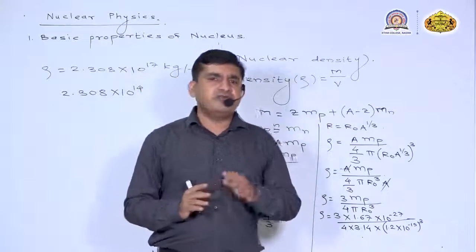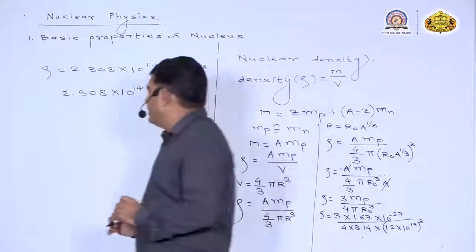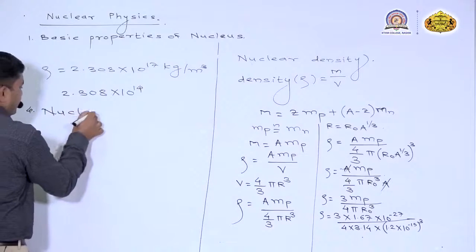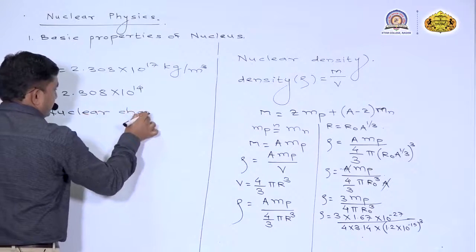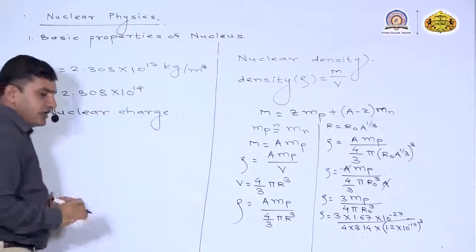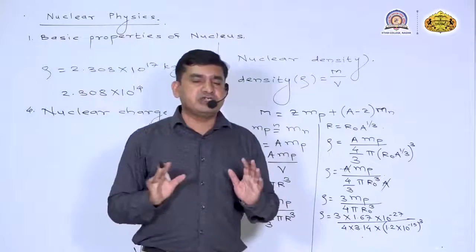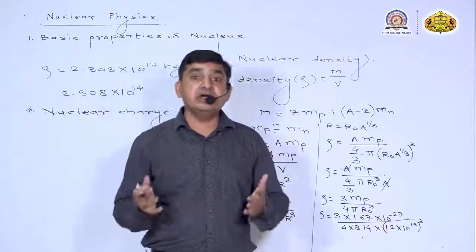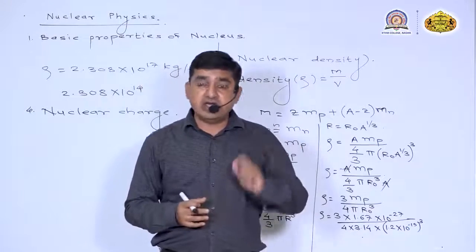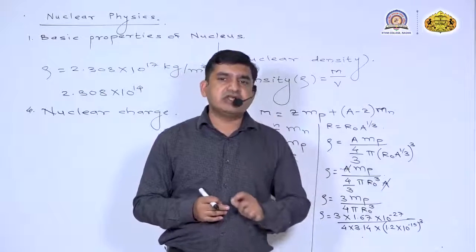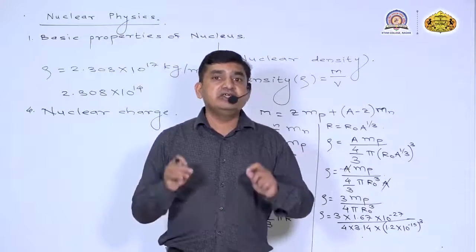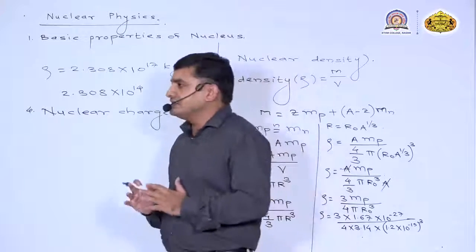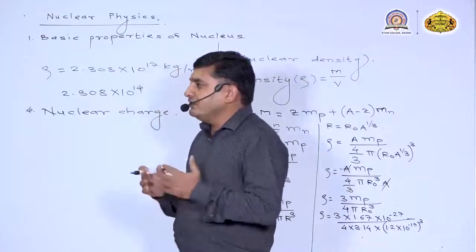Now we have to see the fourth basic property, that is the nuclear charge. We know that the nucleus consists of positively charged protons and chargeless neutrons, and therefore the effective charge on a nucleus is positive.